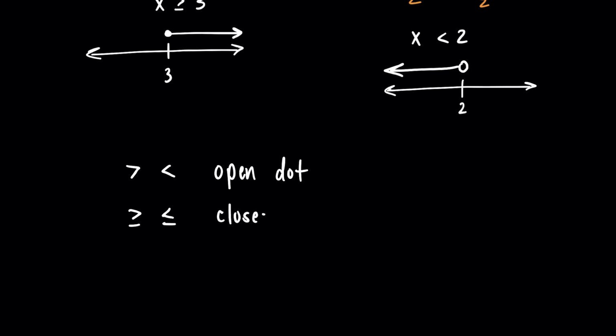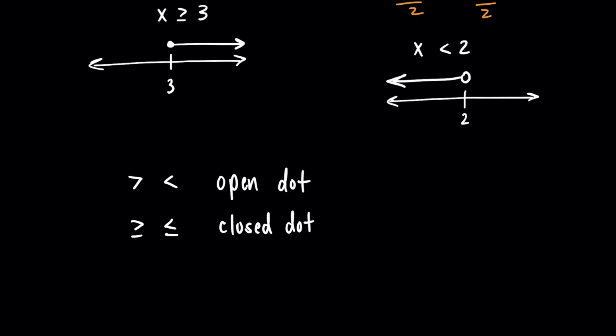And the reason is we're just trying to show visually, hey, if it's greater than or equal to or less than or equal to, then we would include that point in our solution set. So we want to close it off. That was why we closed off on this example up here. That's why we closed that one off, because we want to include 3. We didn't want to include 2 here, so we left it open.